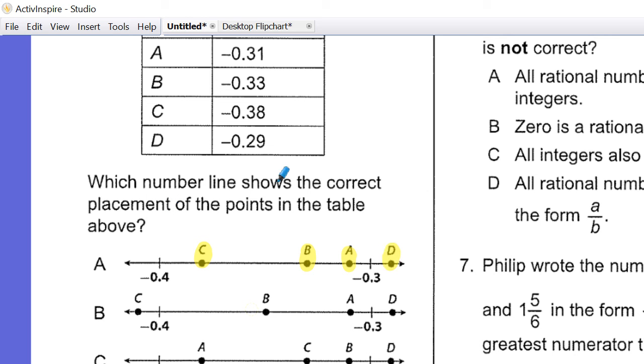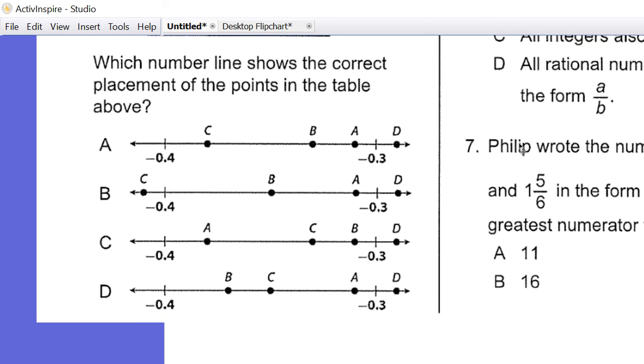Now, whenever you look at the first answer and you think, wow, that seems like it should be the right answer, it is a good idea to go through the rest of them and see if some of those don't make sense. For example, if you look at B, B doesn't work because according to number line B, C is past negative 40, so C would have to be at something like negative 41 hundredths, which is not true.